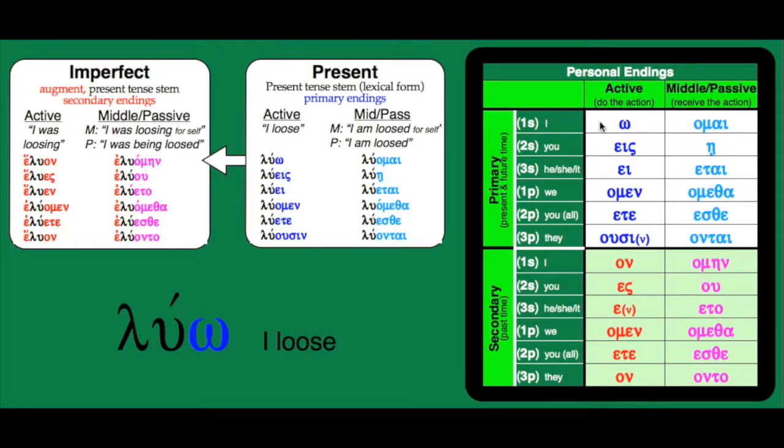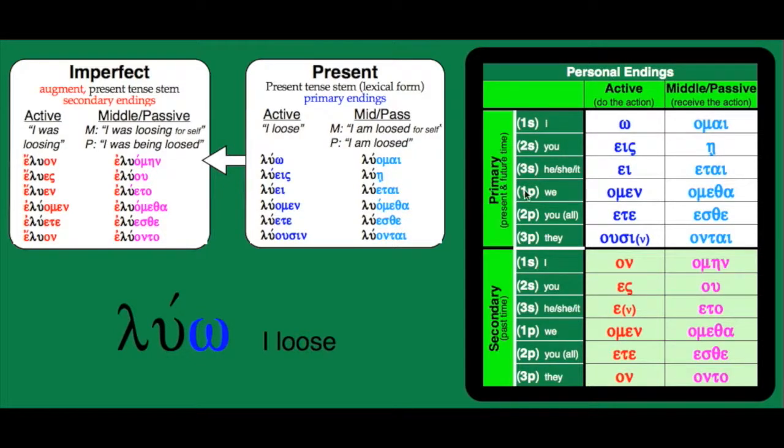Now why I loose? I want you to notice some things about this omega. First of all, it's first person singular, which means it's I. The second thing is that it's active, which means that the I is doing the action. I loose. Not I am loosed, which would be passive, but I loose. It's also primary.